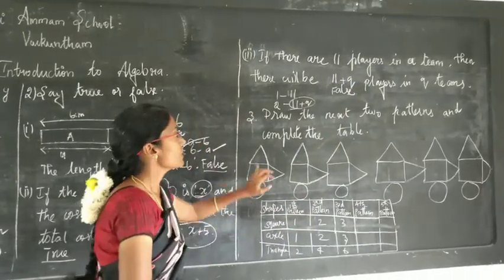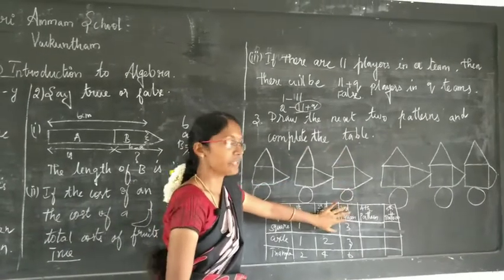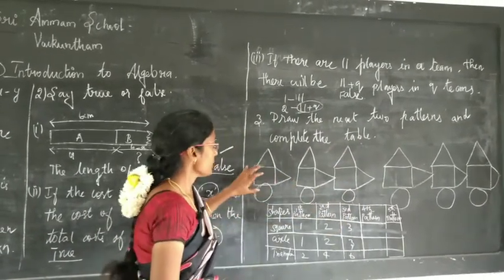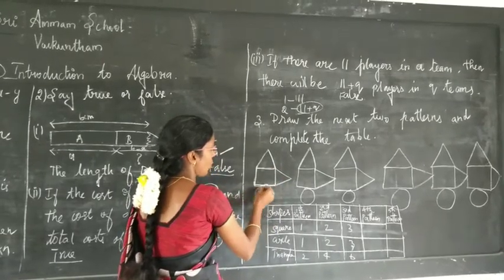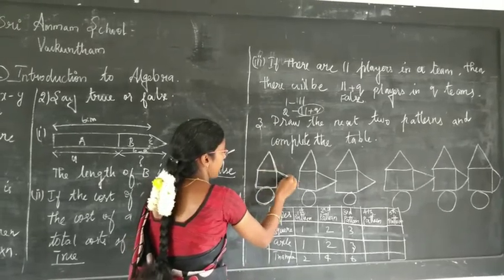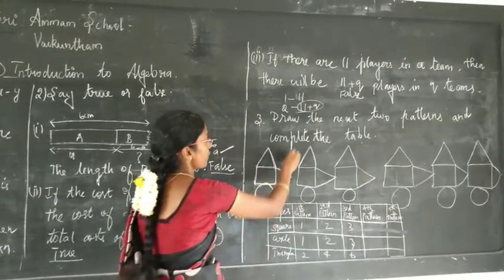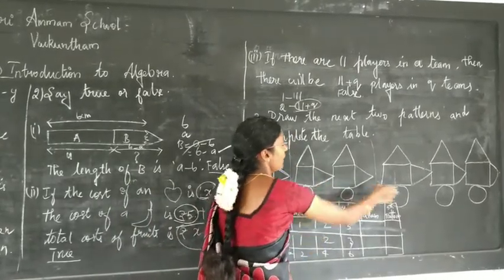So this statement is false. Okay, so the next one, draw the next two patterns and complete the table. You have to complete this table. Okay, see here, this shape is square, this shape is circle and this is triangle. So this is the first figure, and next the second one and the third one.